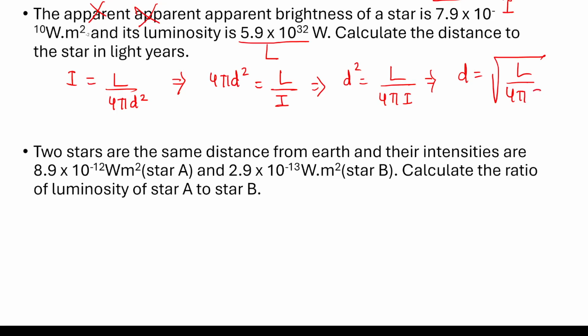So plugging in, my luminosity is 5.9 times 10 to the power 32, divided by 4 pi times my intensity, which is 7.9 times 10 to the power minus 10. I'll do that in my calculator.